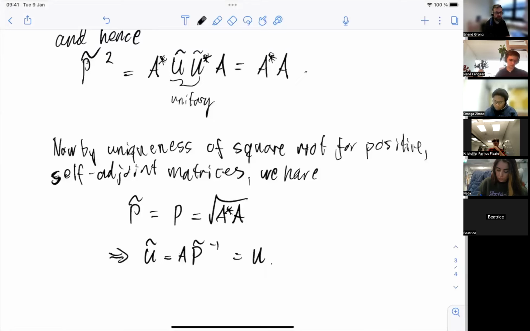And this shows then the uniqueness of the decomposition.